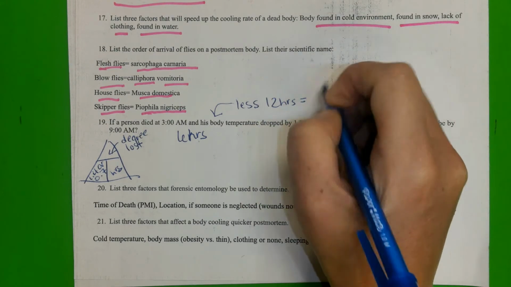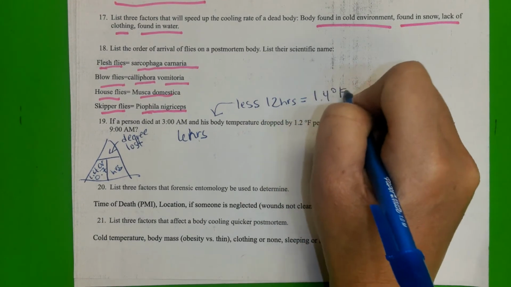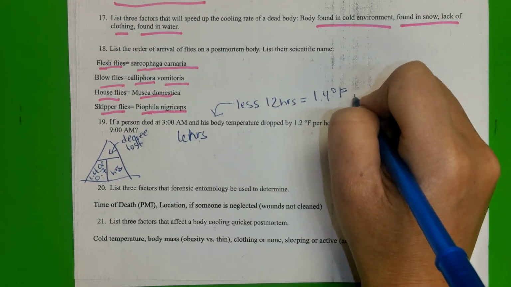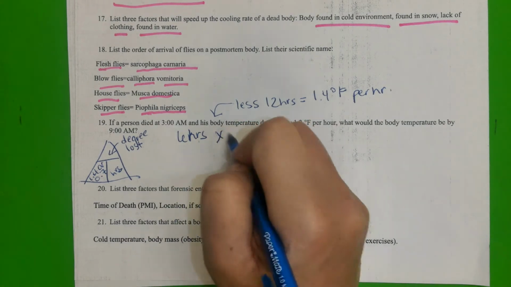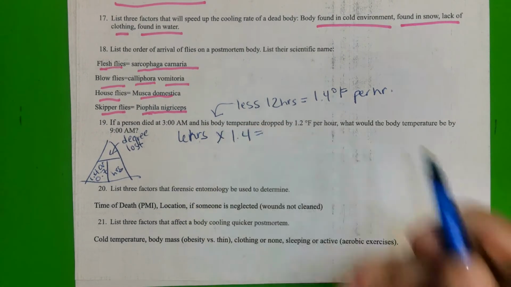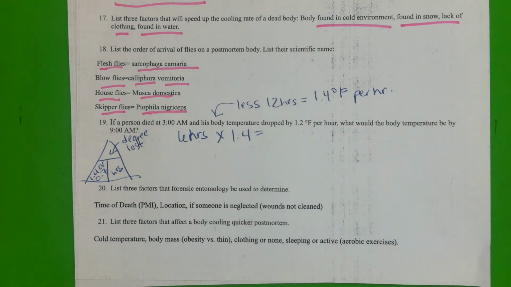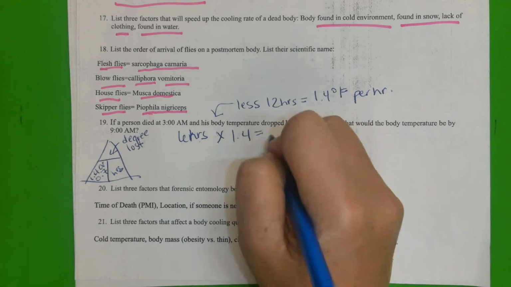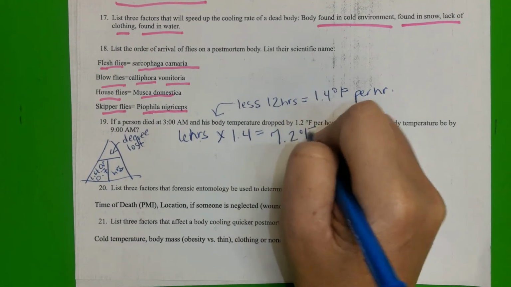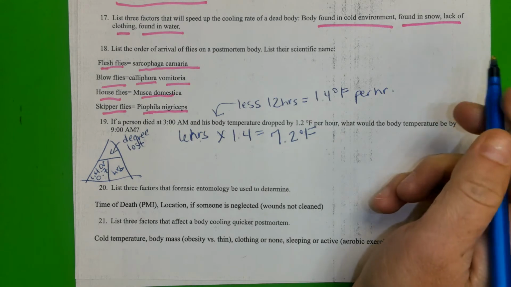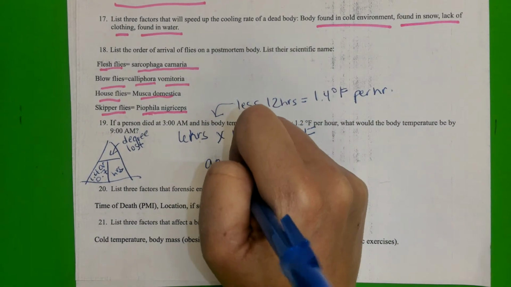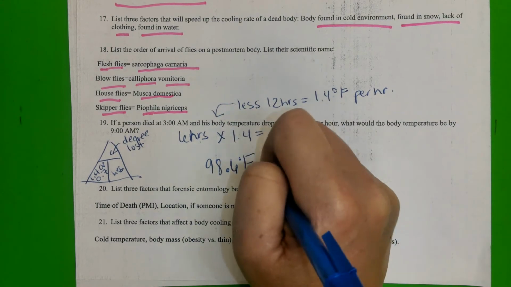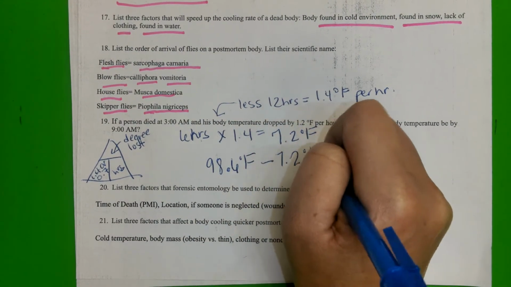So again, keep in mind that this is less than 12 hours, which is 1.4 degrees Fahrenheit per hour. So in here it will be 6 times 1.4, and that would equal 8.4 degrees Fahrenheit. And then the normal body temperature is 98.6 degrees Fahrenheit minus the degrees lost.